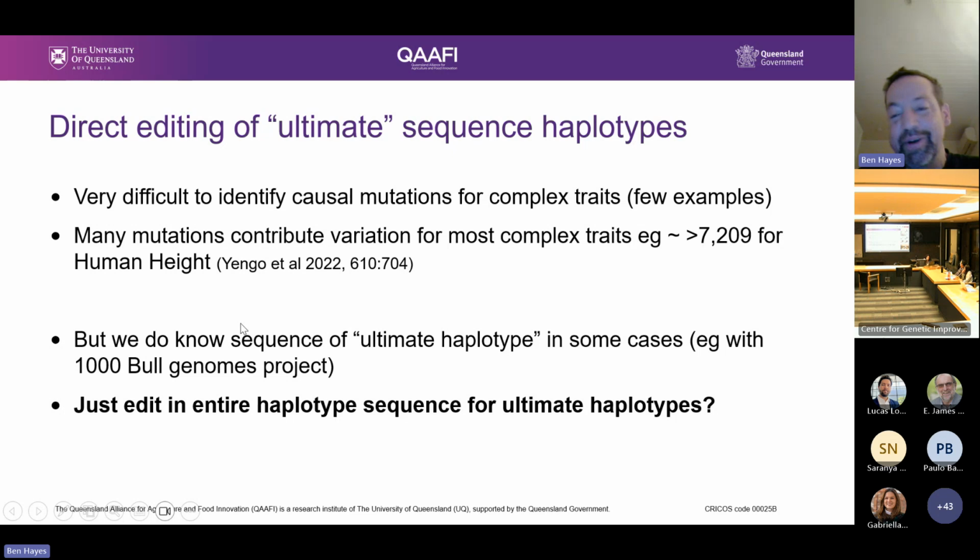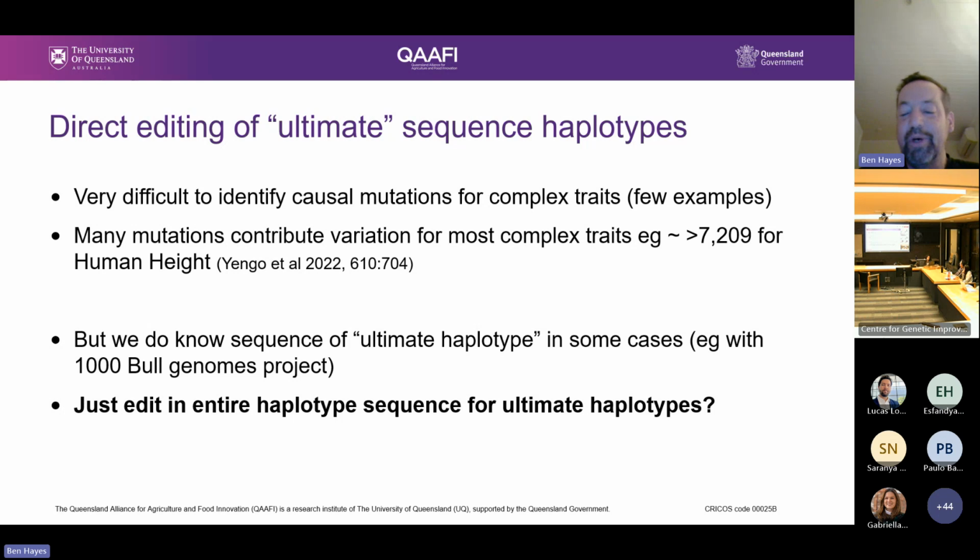However, what we do know now, in some cases, is the sequence of the ultimate haplotype. So we know that there's a mutation somewhere in this region, this haplotype region. We don't know the actual mutation, but we can know the genome sequence of that haplotype through, for example, the 1,000 Bull Genomes Project, all the extensive sequencing people have done of our dairy bulls.